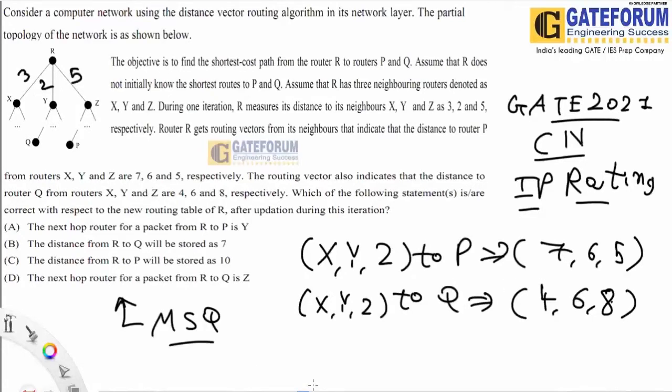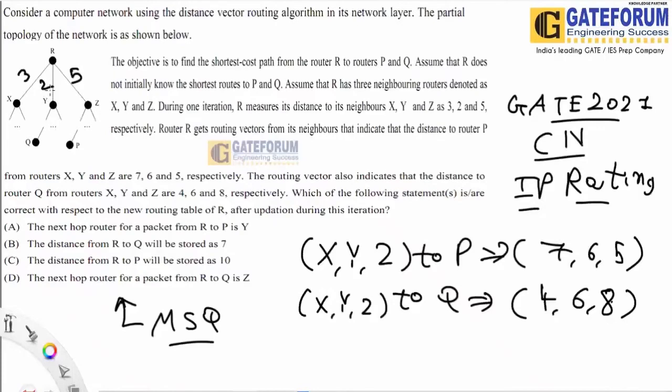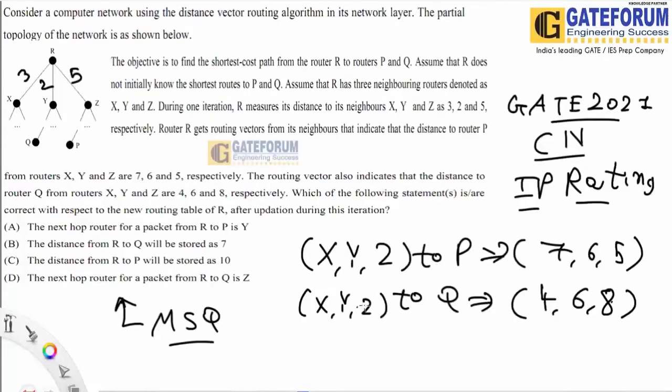So it will take the minimum of, first, 3 plus 7, which is R to X to P. Second, we take R to Y, which is 2, and Y to P, which is 6. So 2 plus 6, which is R to Y to P. And the last one is R to Z to P. R to Z is 5 and Z to P is 5.